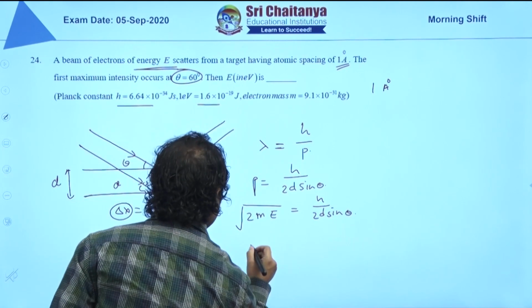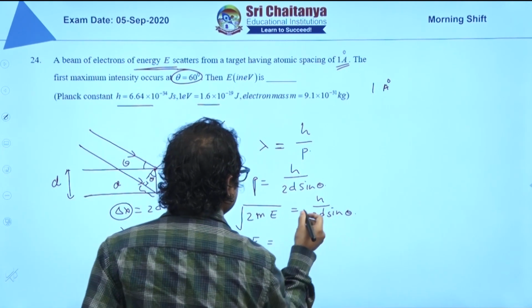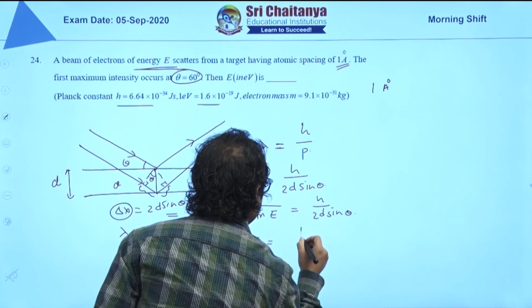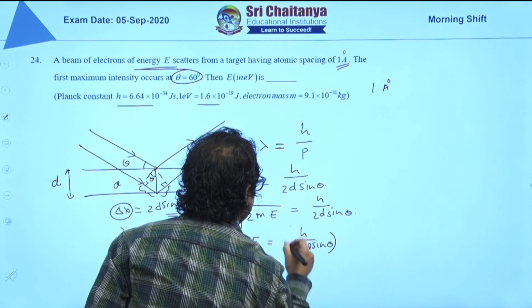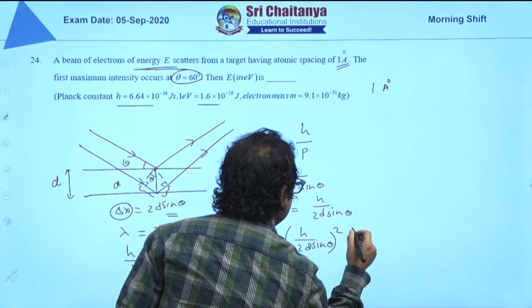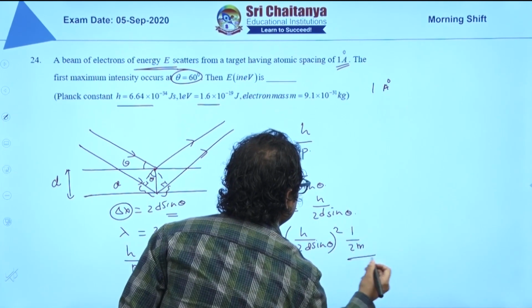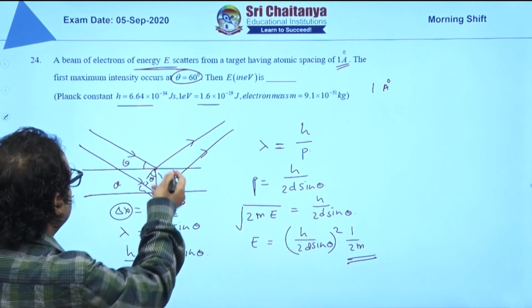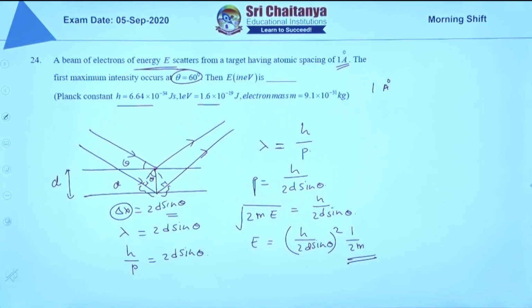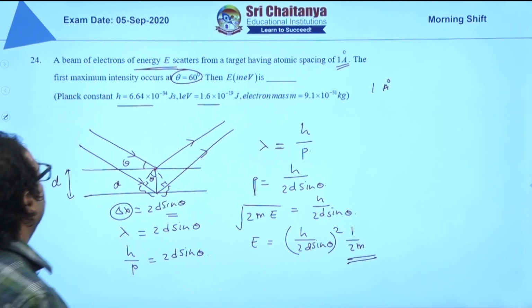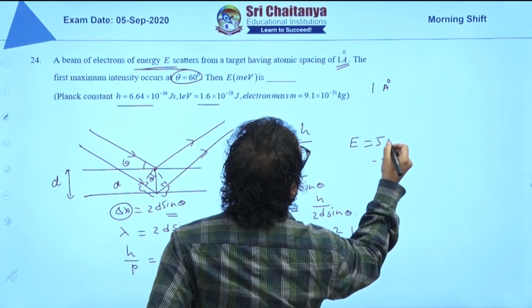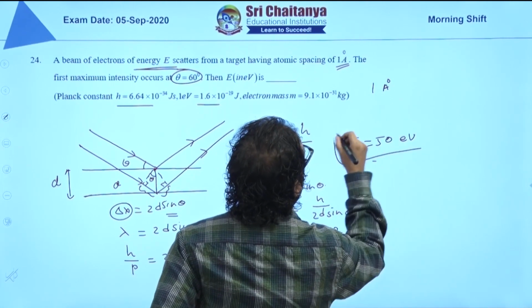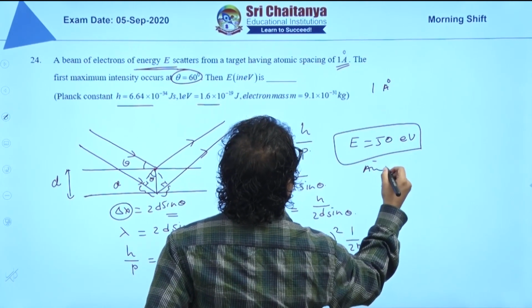So, energy we can calculate: h by 2d sin theta whole square divided by 1 by 2m. All the values are given. By putting it we will get the value E to be 50 electron volt. So, this is your answer.